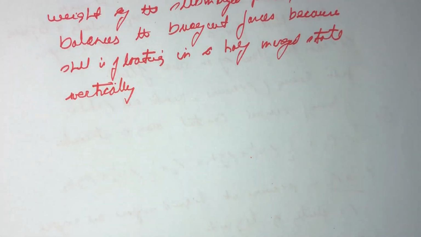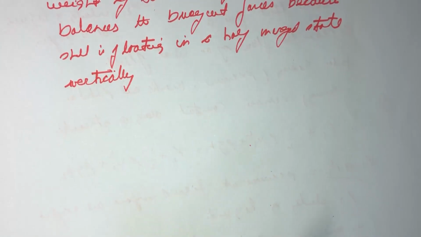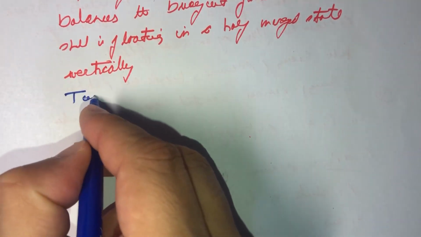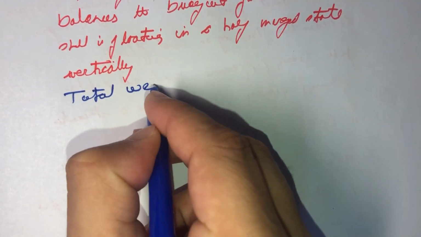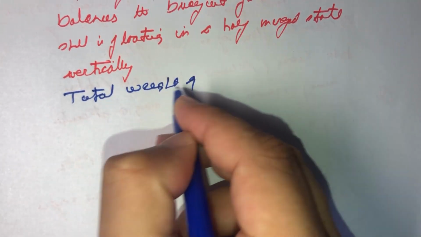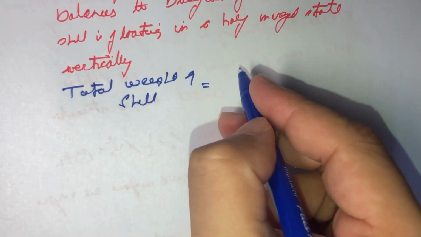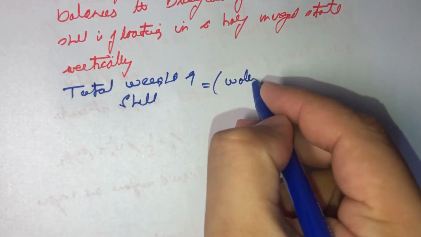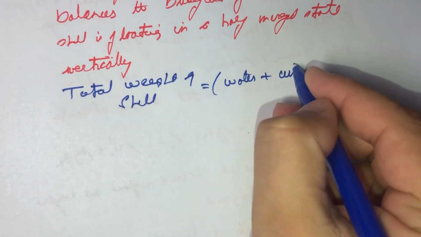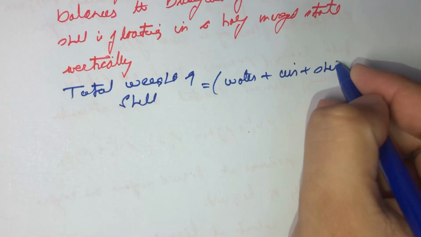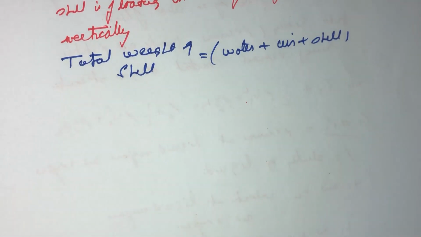So the total weight of the shell is equal to the water inside it, the air inside it, and the material of the shell.